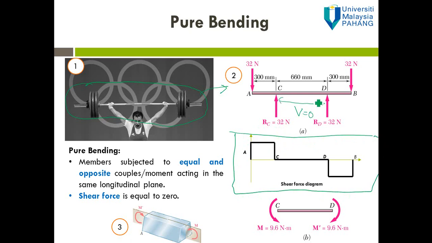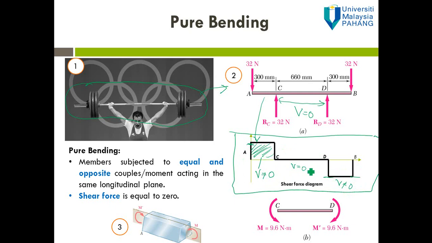For portion CD, the shear force is equal to 0. And then for portion AC, there is some value of shear force, and the same here for portion DB. So the shear force also has some value, meaning that the shear force is not equal to 0.